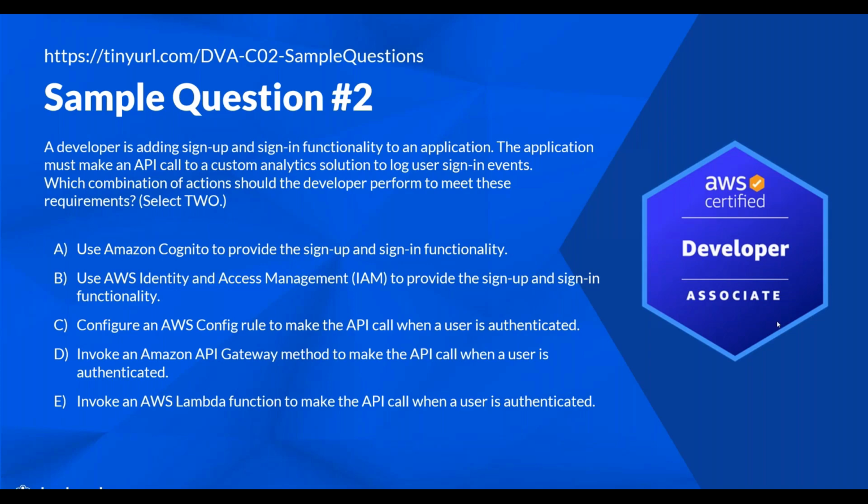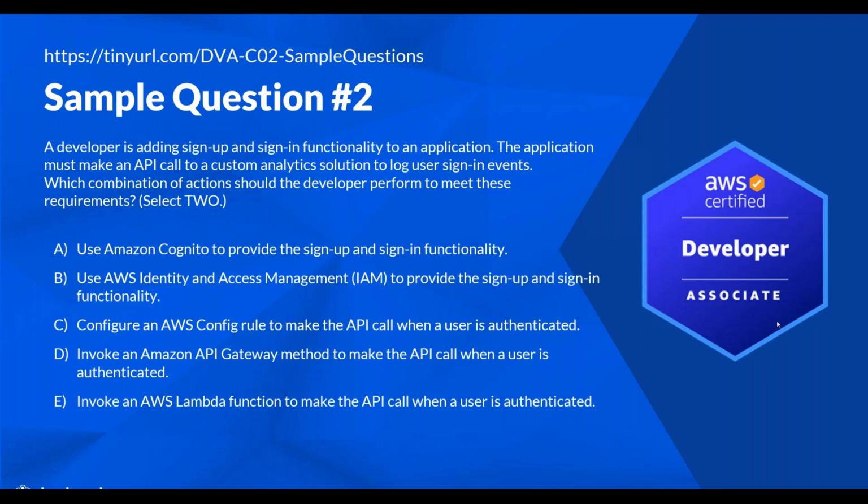Definitely not a service I would think about when it comes to making API calls as part of my application. Yeah, you'd use Config more when you want to evaluate whether your resources comply with best practices. So maybe if the question asked if you wanted to check if all your EBS volumes are encrypted and report back which ones aren't, then maybe Config would be the better option. But it doesn't ask that, so Config's definitely not an option here.